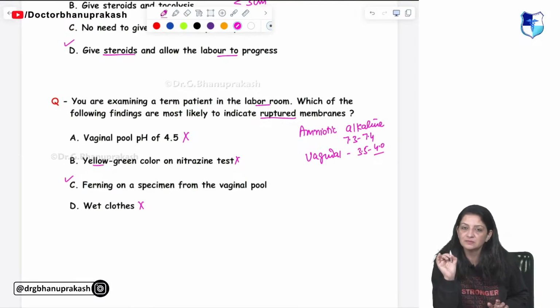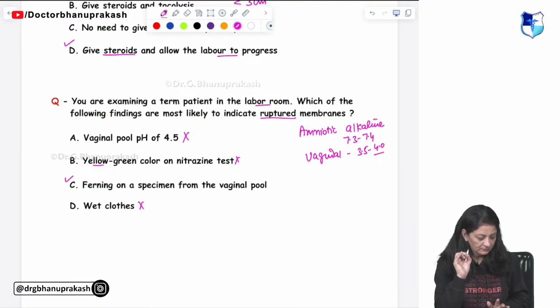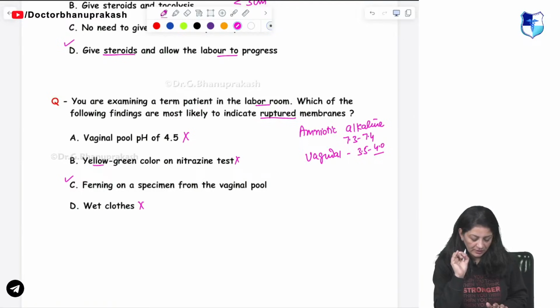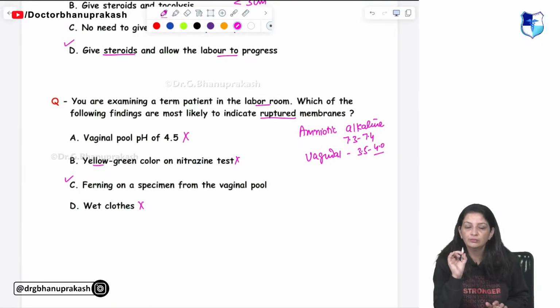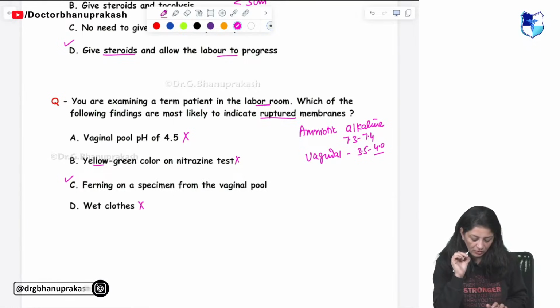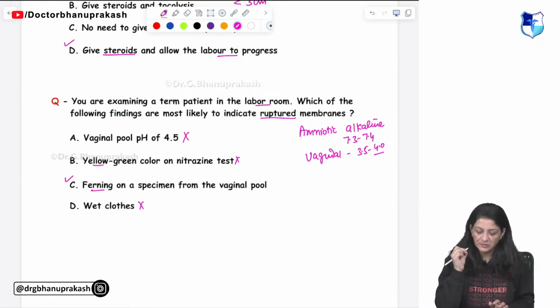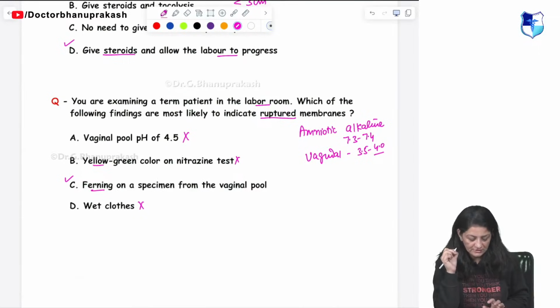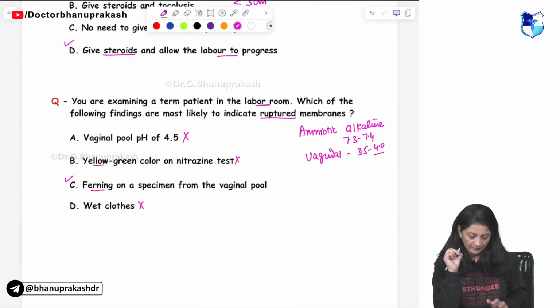Blue means this is alkaline. So the answer will be ferning on the specimen from vaginal pool. What will be in amniotic fluid? Ferning, because of sodium chloride. Ferning on a specimen from vaginal pool is the right answer.